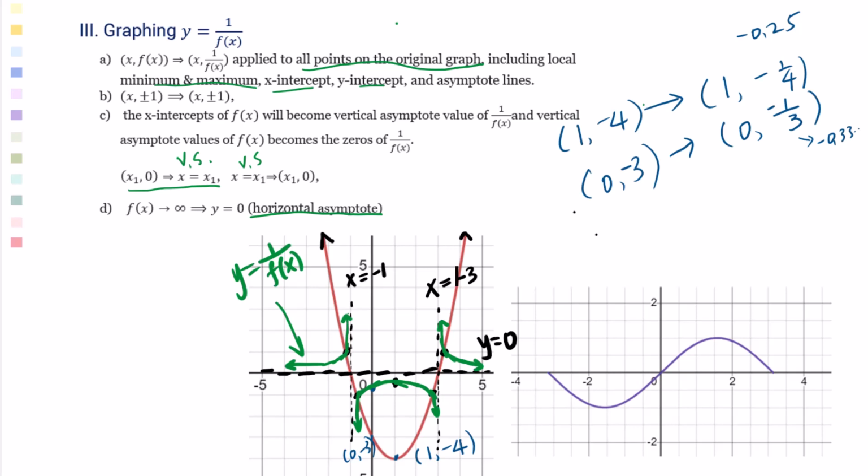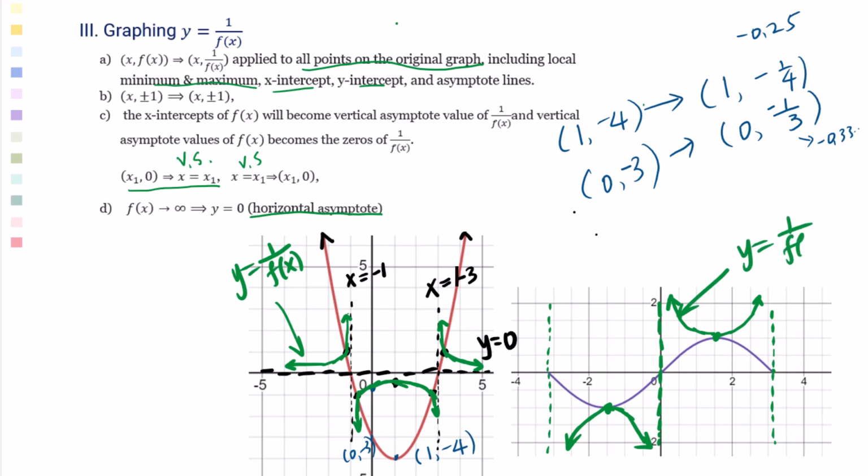For the second graph, vertical asymptote line. Then special points. Then we can sketch the graph. The graph in green is y equals 1 over f of x.